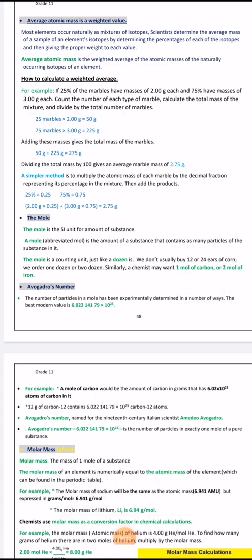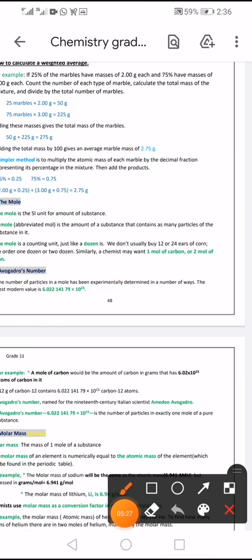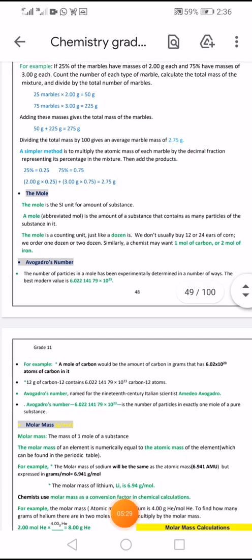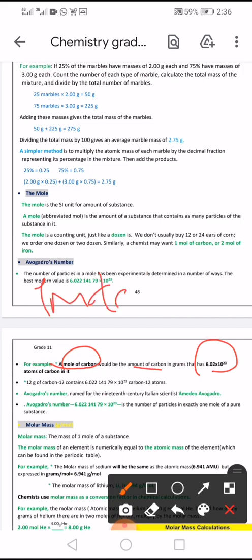For example, 1 mole of carbon would be the amount of carbon in grams that has 6.02 times 10 to the power 23 atoms of carbon in it.